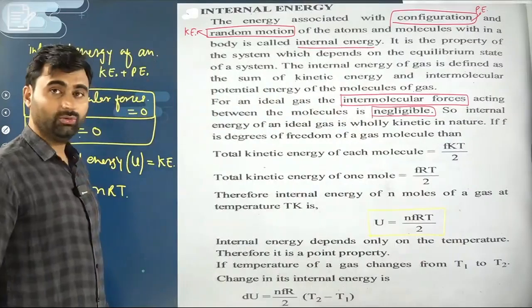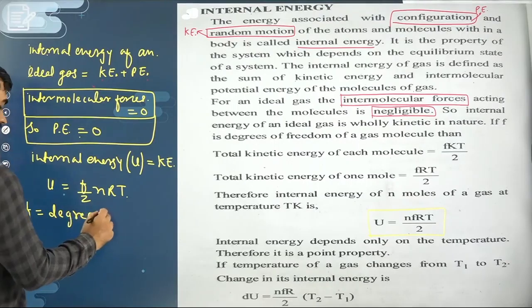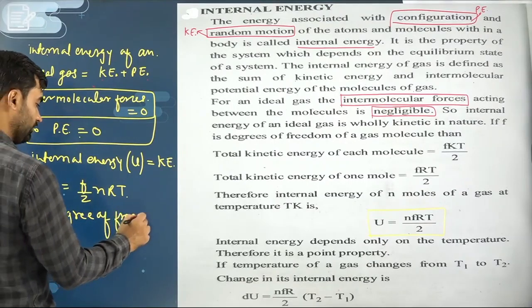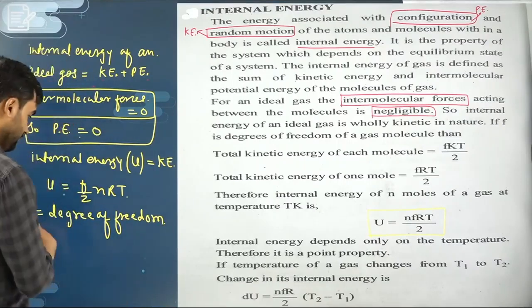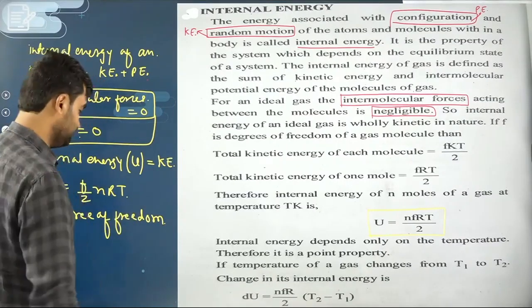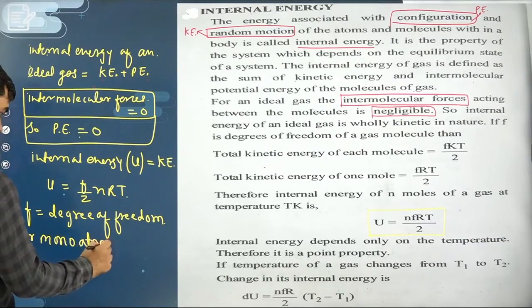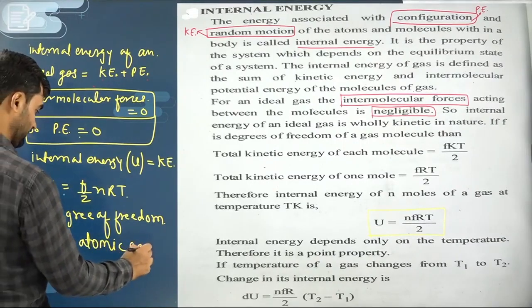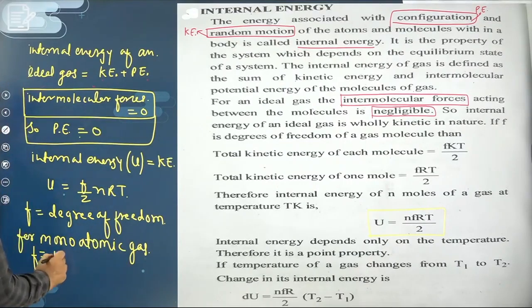Now here you have to remember what F is. This F is the degree of freedom. This word is new for you, and we will understand it. You have to remember the degree of freedom values. For a monoatomic gas, the degree of freedom is equal to 3.